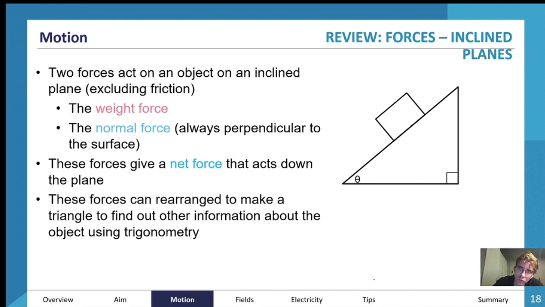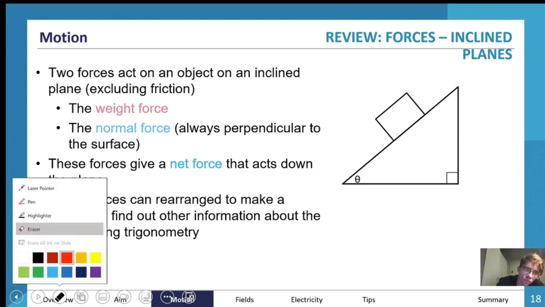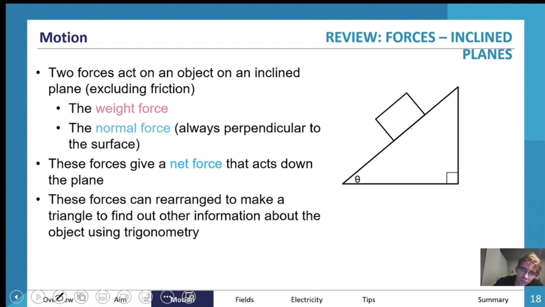So usually the normal force is this one. I know I drew it very horribly.